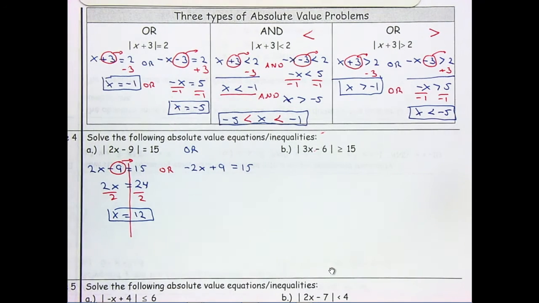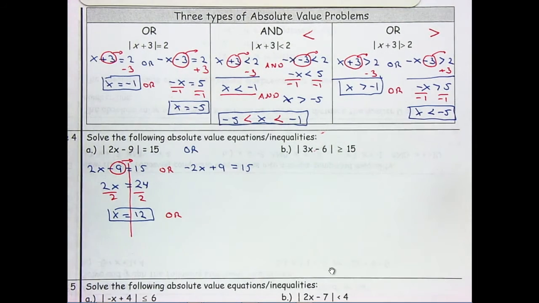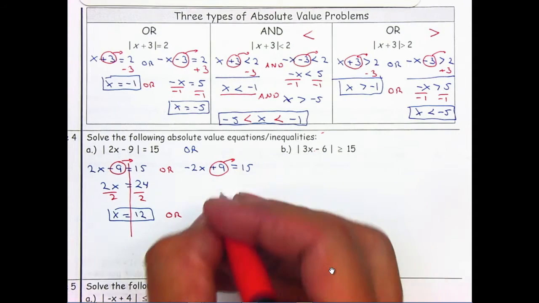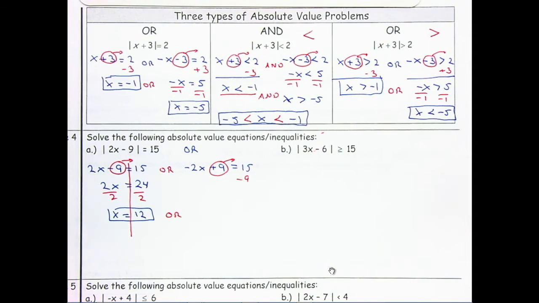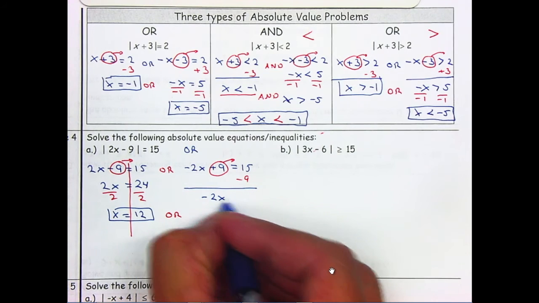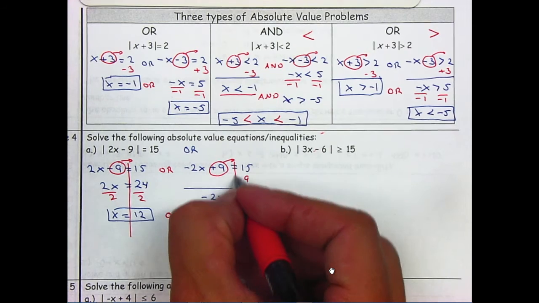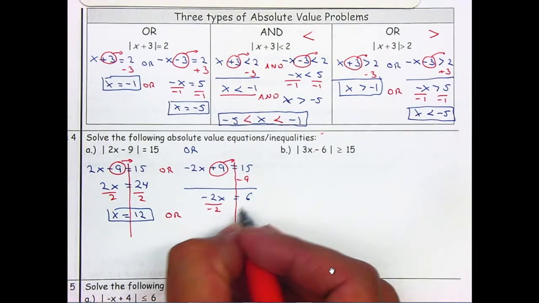Or, I move my 9 to the right, becomes a negative 9. That is negative 2x is equal to 6. I'm going to divide by negative 2.